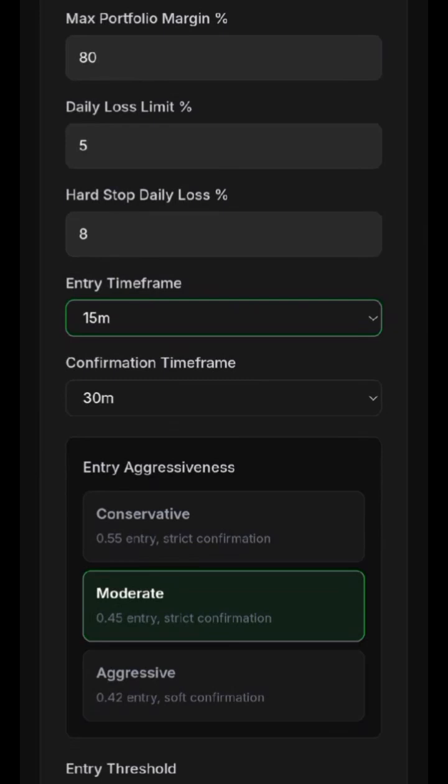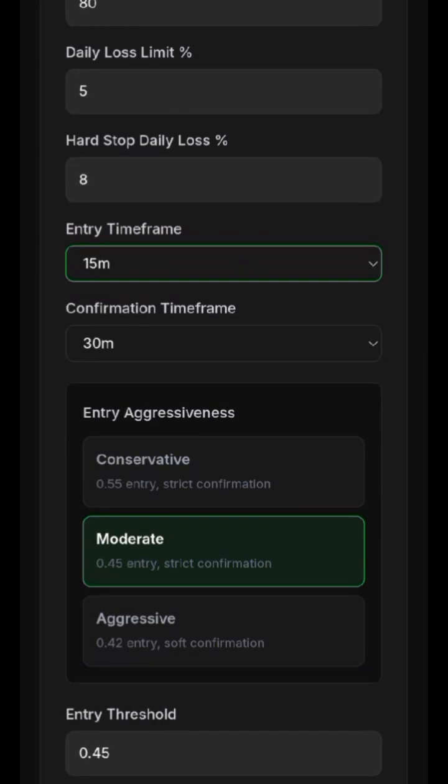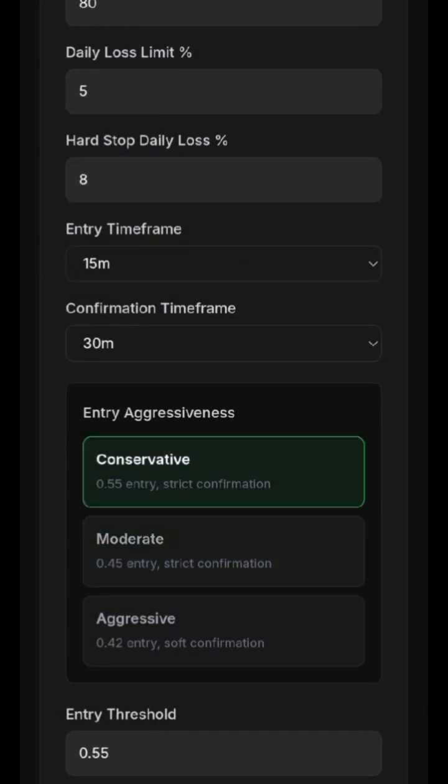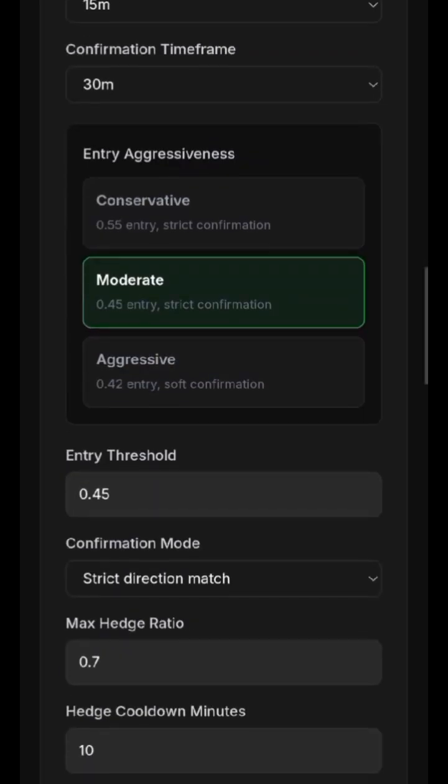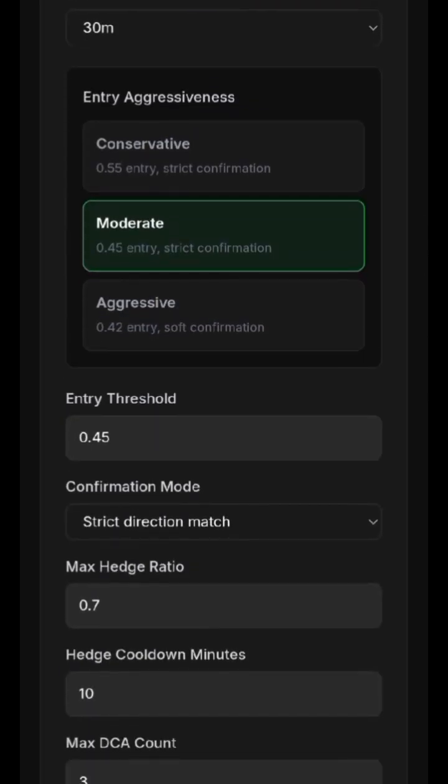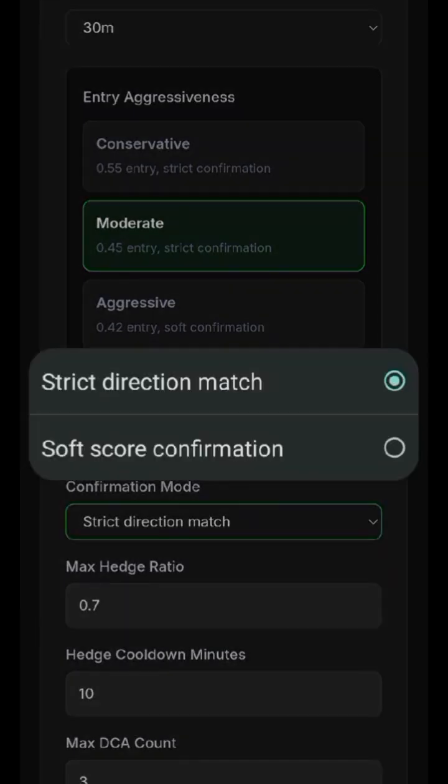But if you choose 0.55, the bot is saying, I am 55% confident that this trade is going to close in profit. That is what it means. So that means the more conservative your entry aggressiveness is, the stricter the bot is in making choices in selecting the coin to trade. All right, so for this I will choose moderate, and then entry threshold I will leave it at default, which is 0.45, and then for confirmation mode I will still leave it at strict.